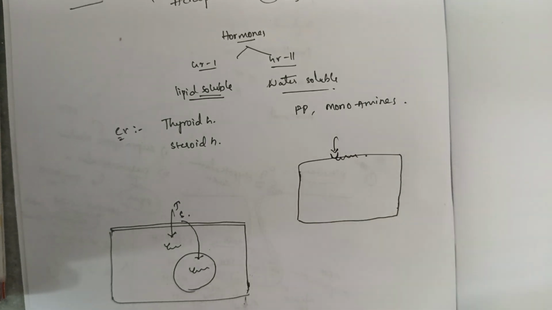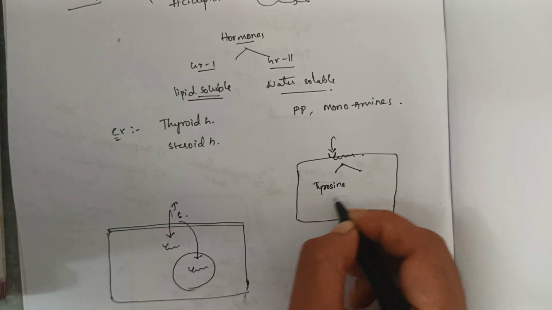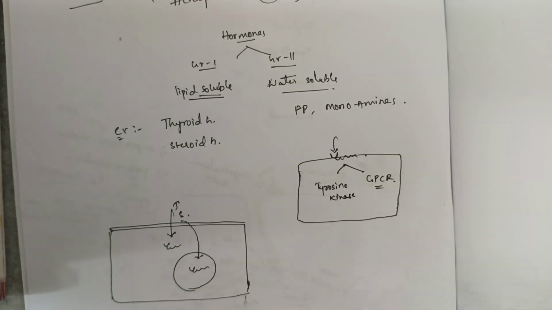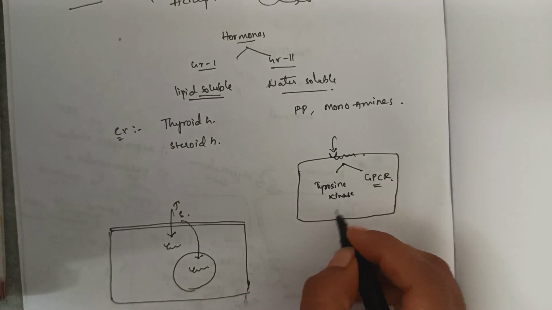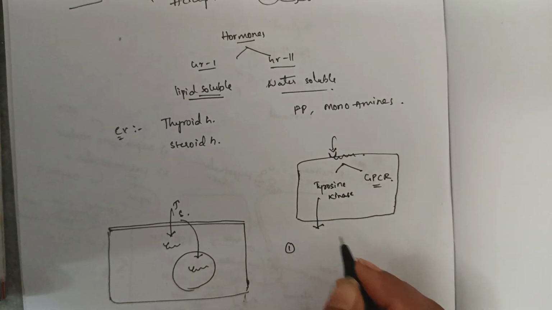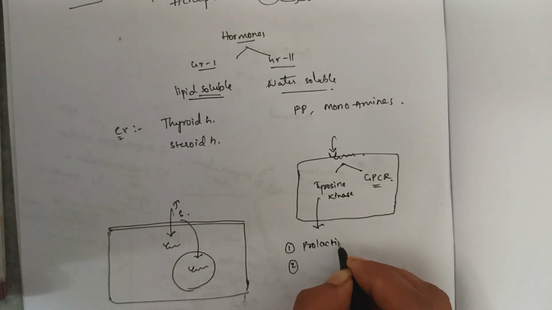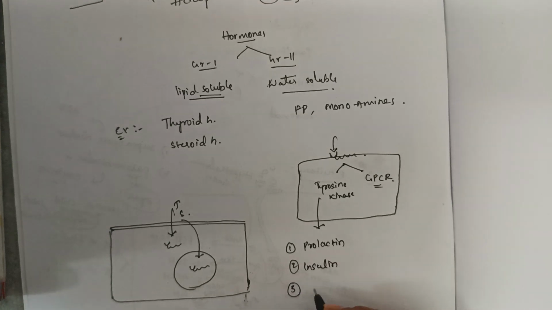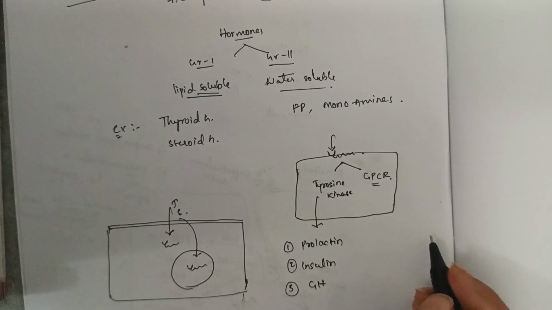They can act via two processes, the tyrosine kinase pathway and the GPCR pathway. Depending on the tyrosine kinase pathway, we have prolactin, growth hormone, and insulin. All the remaining act through GPCR receptors.